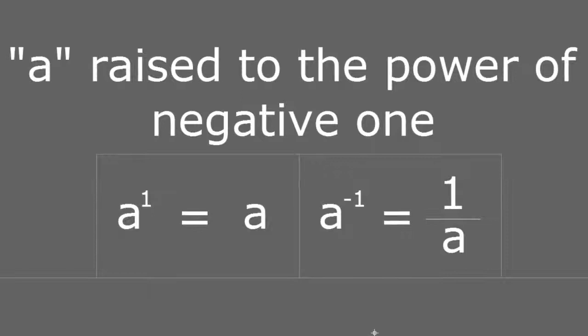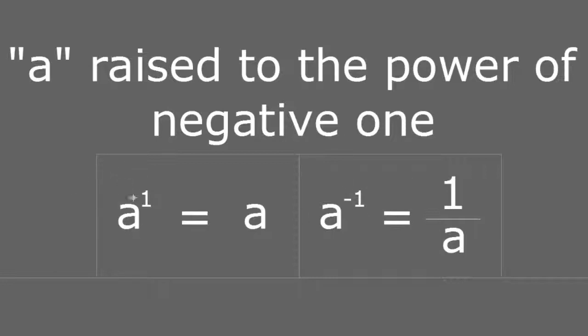Now we already learned what happens when you have an exponent equal to positive 1. You don't have to write it because every number raised to the power of 1 is that number. A raised to the power of 1 equals A, just like A multiplied by 1 equals A. Now, if that exponent instead of positive 1 is negative 1, remember, I write it as a new fraction, 1 in the numerator, and in the denominator, on the bottom, I have to write A raised to the power of 1, because 1 is the positive of this exponent.